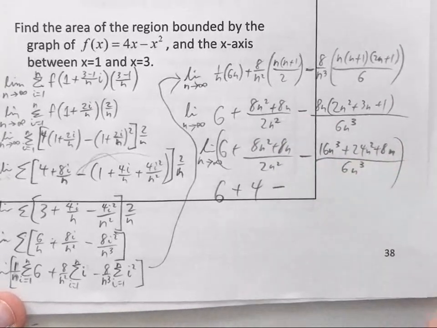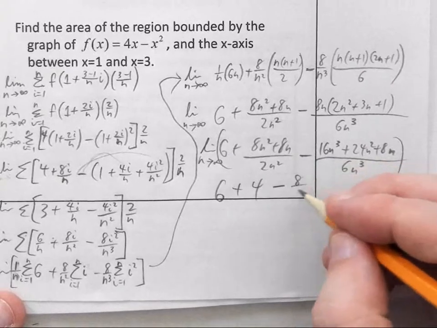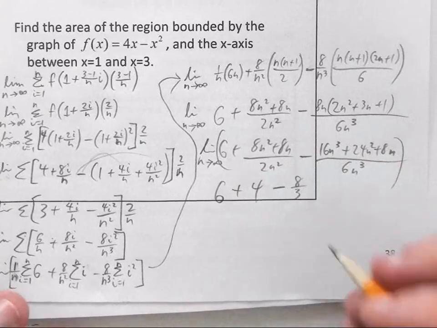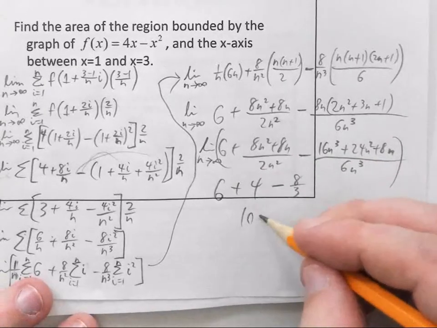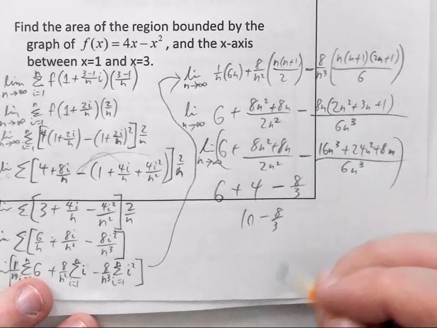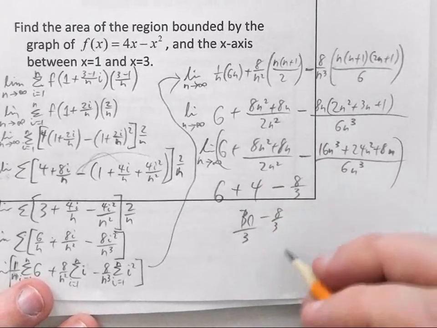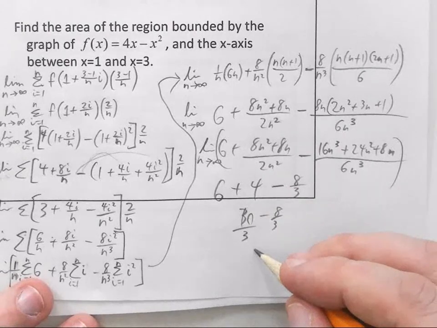Minus 8 thirds. 16 over 6 simplifies down to 8 thirds. Simplify it, 10 minus 8 thirds is? In other words, 30 thirds minus 8 thirds is? 22 thirds.